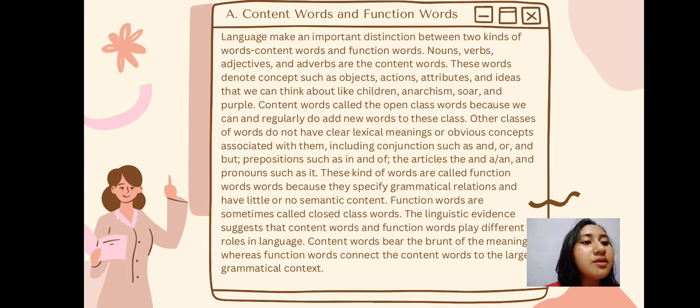These kinds of words are called function words because they specify grammatical relations and have little or no semantic content. Function words are sometimes called closed class words.